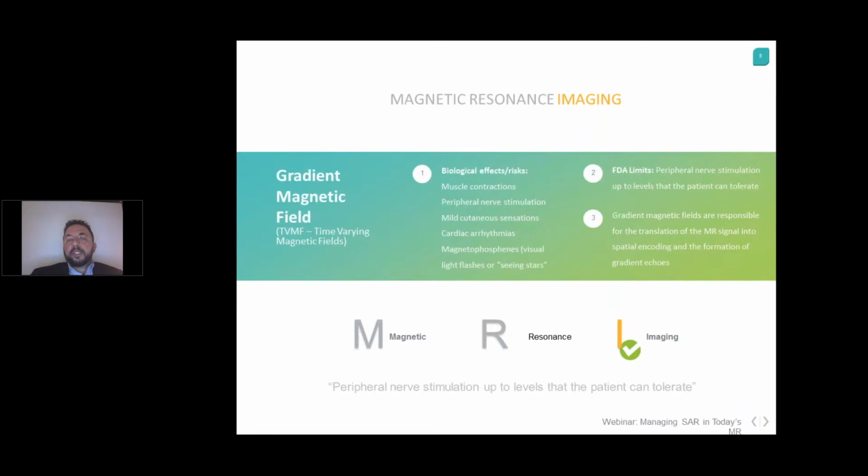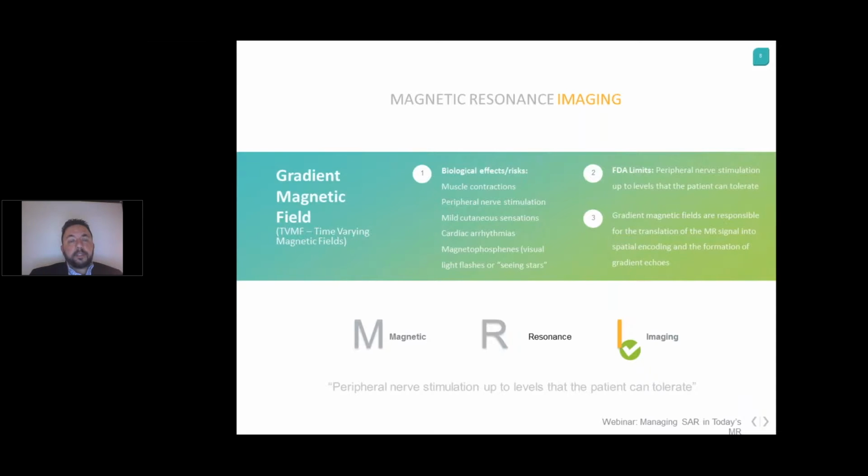They're quite different in that there isn't as much of a concern of heating, warmth, or thermal induction, but instead, the gradient field can lead to muscle contractions, peripheral nerve stimulation, mild cutaneous sensations, cardiac arrhythmias, or those visual light flashes where patients say they're seeing stars, identified as magnetophosphenes. Say that 5 times fast.